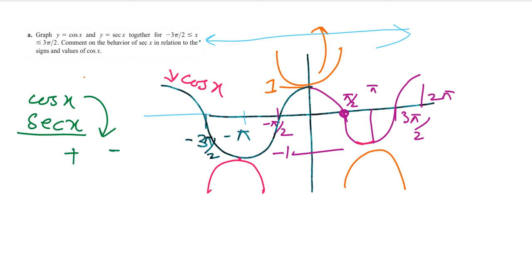So you can see that cos x and secant x will be positive in quadrants 1 and 4. We get all of the positive values of cos x and secant x in the first and fourth quadrant.